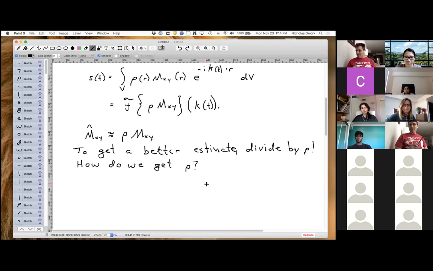What if MXY was 1? And what does it mean for MXY to be 1? It means it's just a constant. So what you do is you go down to the store and you buy one of those jugs of Arrowhead water, right? And now you know that it's a uniform sample everywhere. And so you shove that into the machine and you take a picture of that.